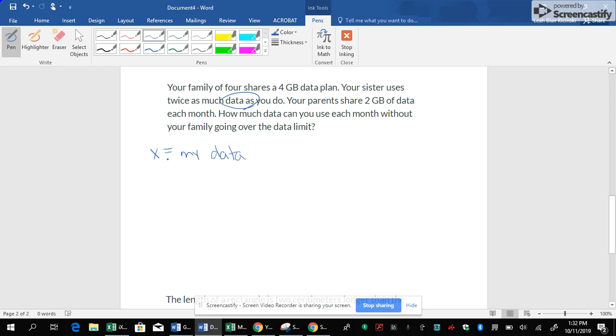Now, if my data is X and my sister uses twice, then in order to represent that, my sister has to be 2 X's, right? Now, my parents are going to use 2. So basically, if I want to know how much my family uses, it's my data plus my sister's data plus my parents' data.